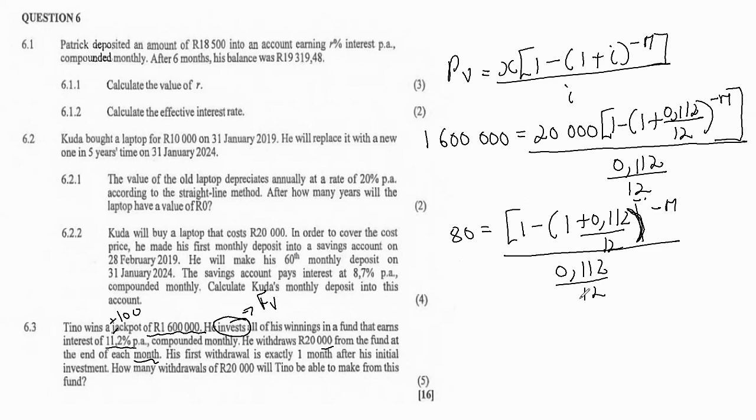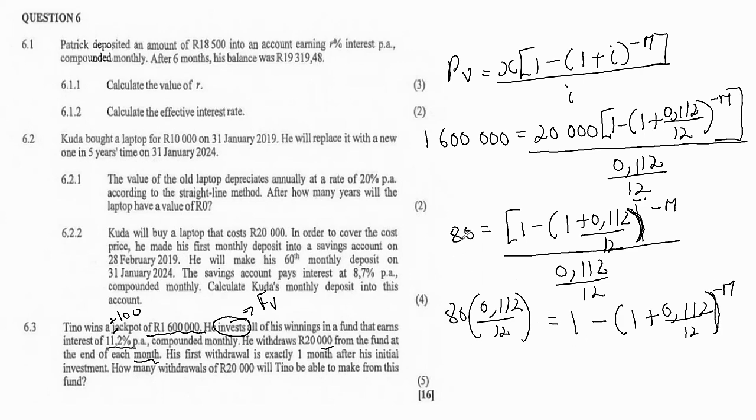Now at this point, do you understand that we can just cross multiply this? So take the value here and then cross multiply it with the 80. So we'll have 80 bracket 0.112 over 12 is equal to 1 minus 1 plus 0.112 over 12 to the exponent of negative n.